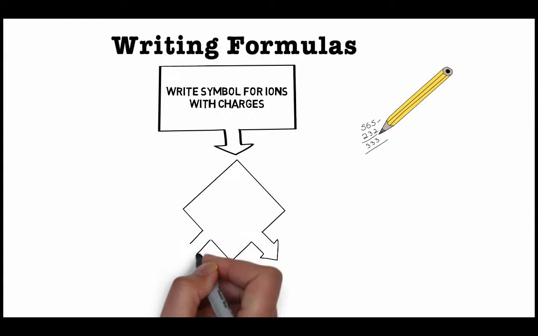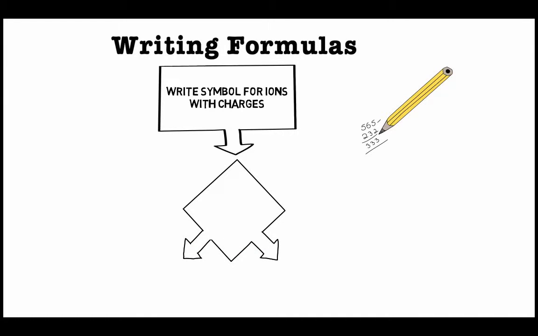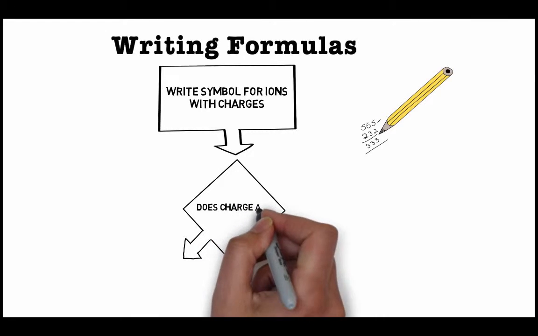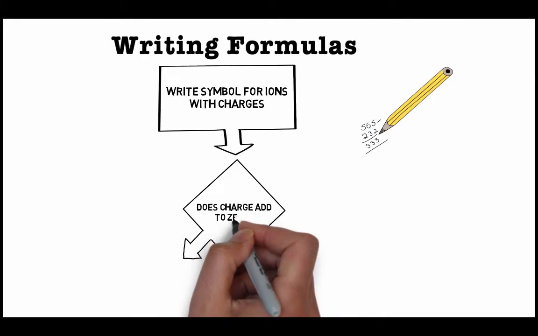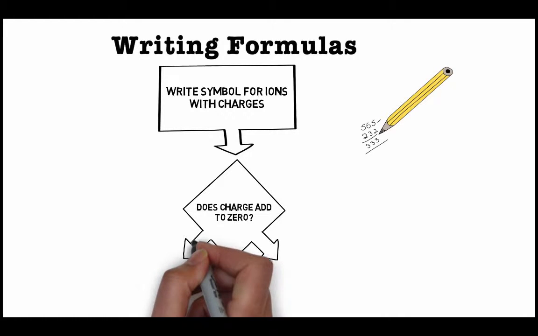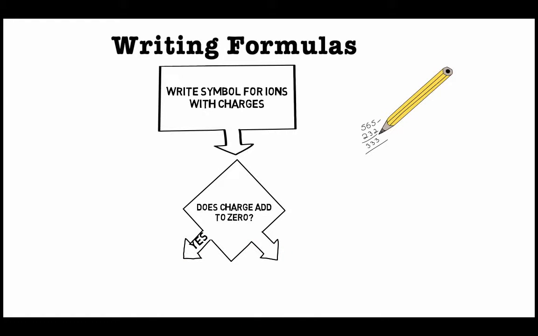After you do this, you're going to ask, do my charges balance? A compound that is ionic will have no net charge. If yes, it does equal 0 and the charge is balanced, then I just write the formula without any additional subscripts and I remove those charges of the ions.